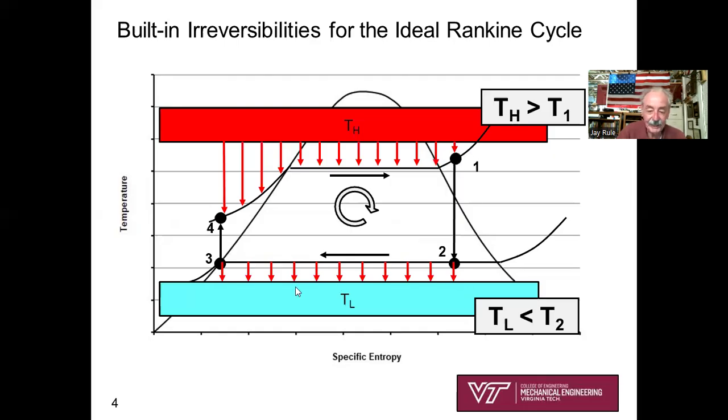And similarly, in the condenser process, your cooling water or your low temperature reservoir has got to be some temperature below the condensing temperature of the steam. And so visually you see with those red arrows, heat transfer across a finite temperature difference. And that is a big source of irreversibility in the world.